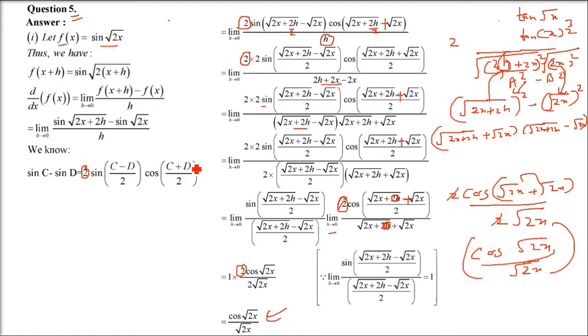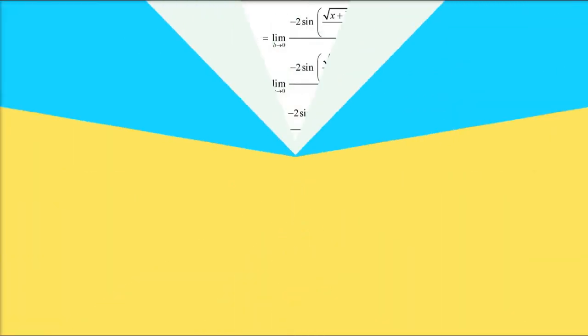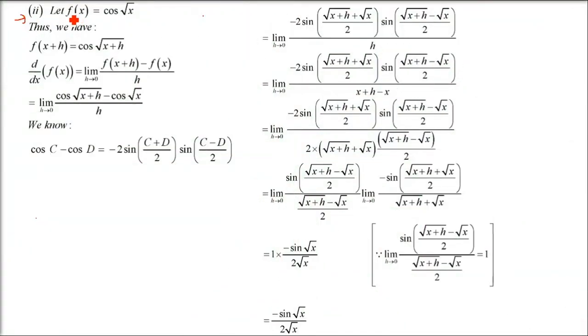The other questions are also going to be done like this. So we have f(x) equals cos root x. So f(x + h) minus f(x) by h is cos root (x + h) minus cos root x by h.